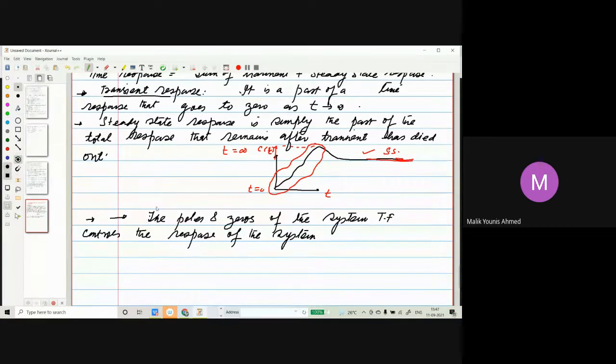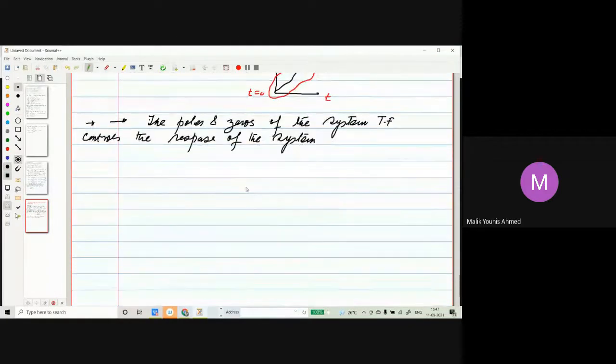Now, when we are designing any sort of control system, you should always remember that the input signal to the control system is not known. We don't know the input signal ahead of time. The input signal to the control system is not known ahead of time.